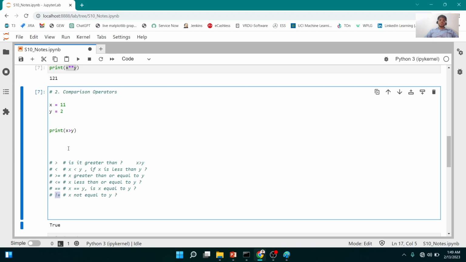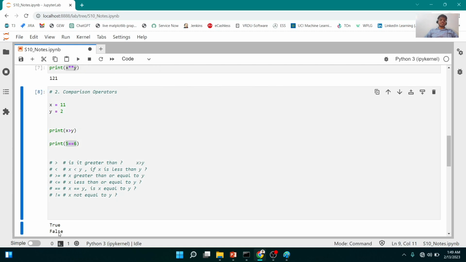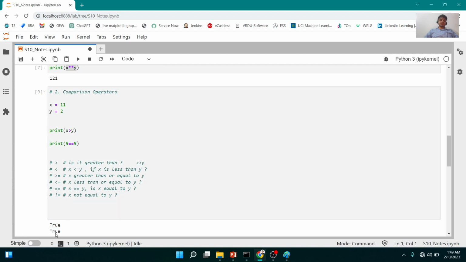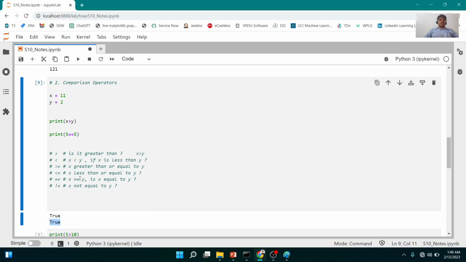Any data you can compare. Even 5 equal to 6, the value is equal to 6? It's false. If I run this, you get false. But if I write 5 equal to 5, you're going to get true.